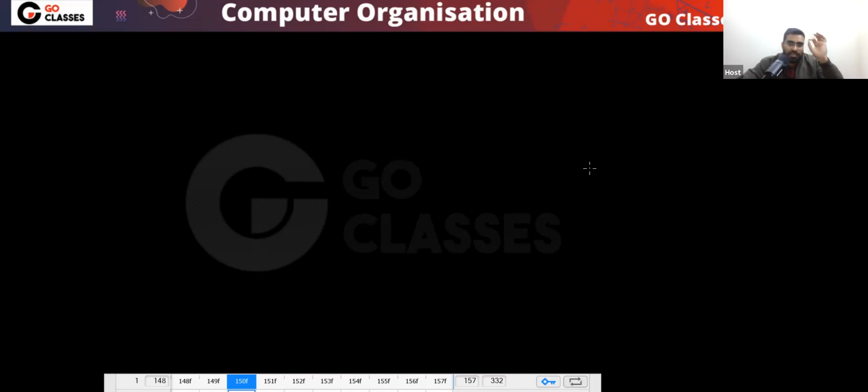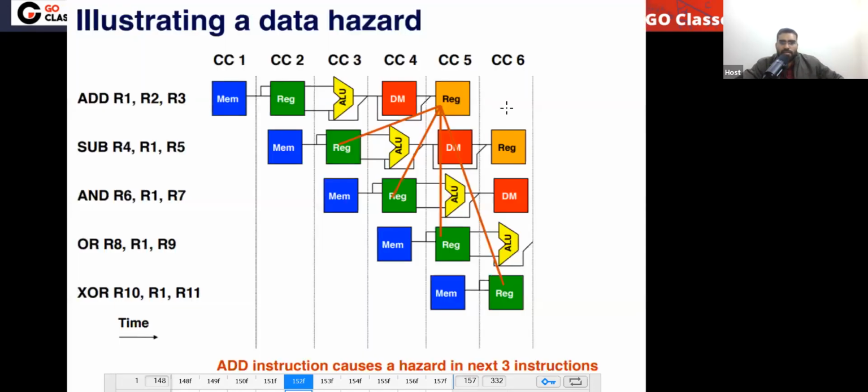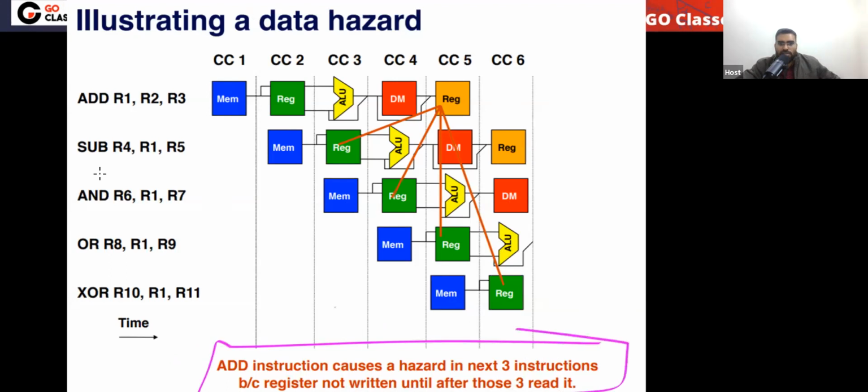Only 3 hazards are there. So simple a question, right?